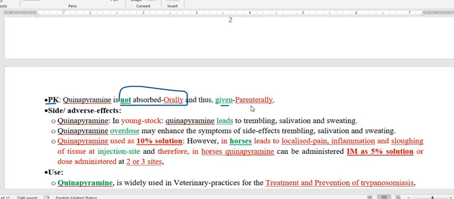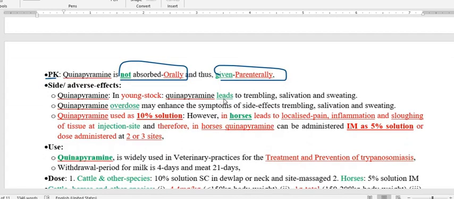Regarding pharmacokinetics, it is not absorbed orally, so quinapyramine is available for parenteral administration. What is important about quinapyramine is that it produces problems at the site of administration, particularly in the horse.